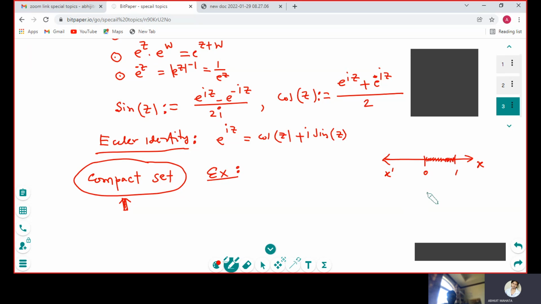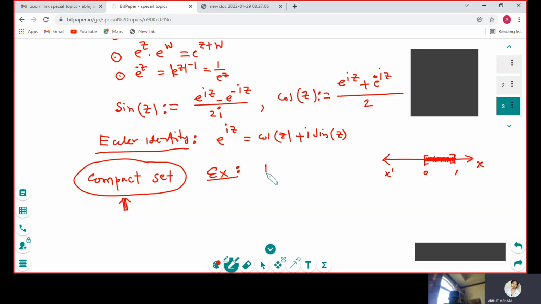How many numbers are there between 0 and 1? Infinitely many. There is no gap between 0 and 1, including the endpoints. So any finite interval including the endpoints is a compact set in R. This is an example.